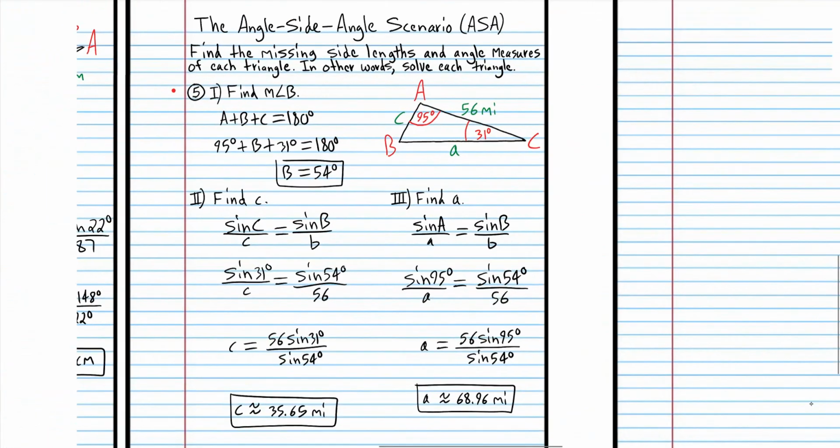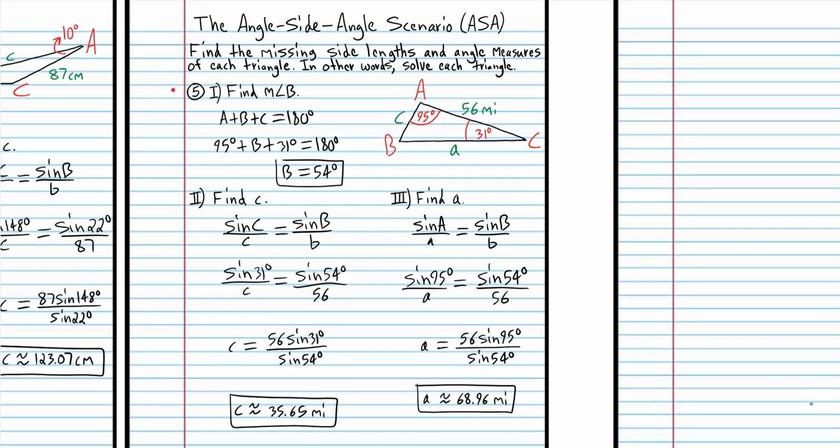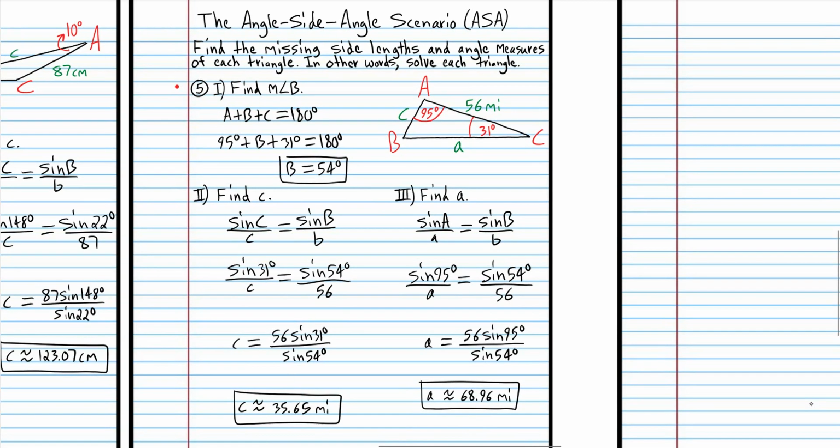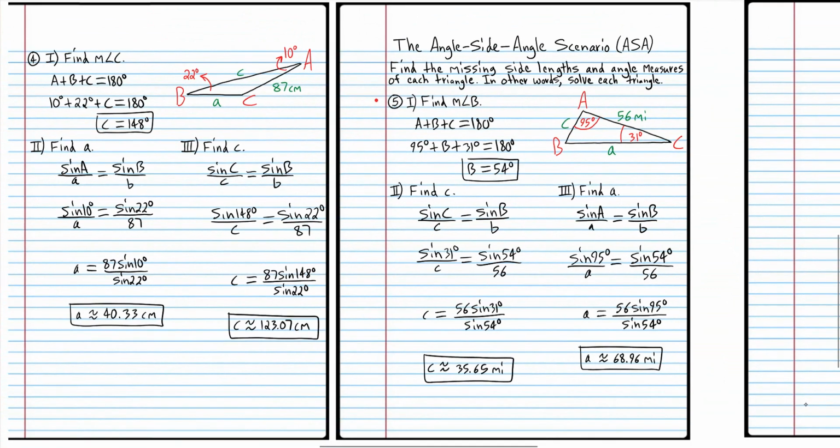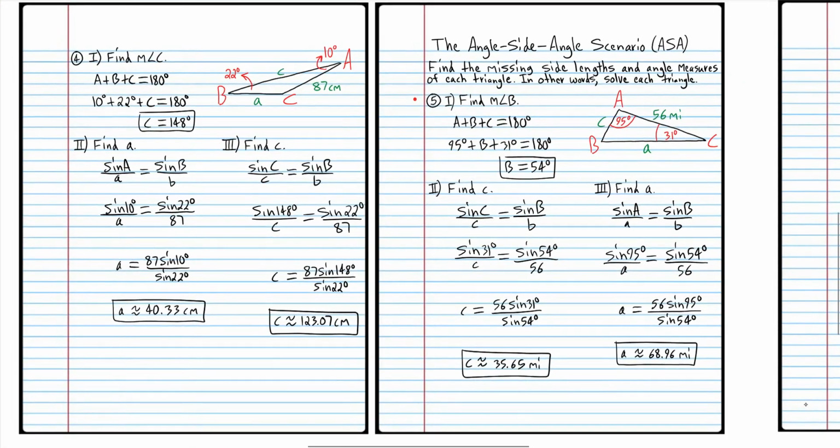So again, that problem was really not much different from the previous problems that we did. Now this is just giving you more practice. If you're starting to feel that this is a little bit repetitive, you're correct. These problems are a little repetitive, but we're learning how to use the law of sines. Okay, so get a picture of number 5.